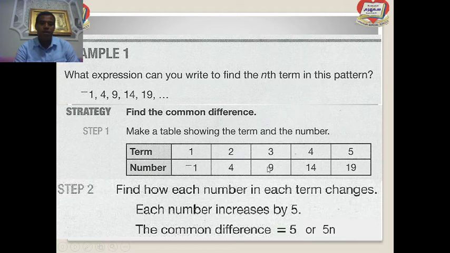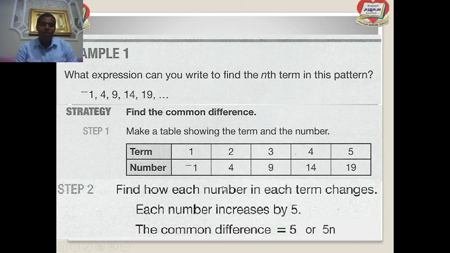So 3 and 9, 4 and 14, 5 and 19, and so on. Okay, so here, my learners, we see step 2. Find how each number in each term changes. Each number increases by what? By 5. For example, the numbers here are 1, 2, 3, 4 and 5, and the terms are -1, 4, 9, 14, 19.